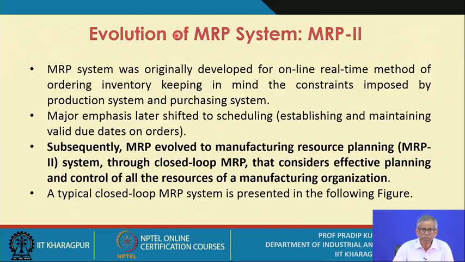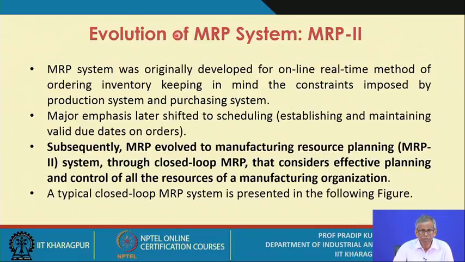So, there are several assumptions and certain limitations of MRP systems. Before you apply an MRP system in a given situation, first you check to what extent it is feasible. If it is feasible, then only you will go for it. If it is not feasible for the given item, is it okay?